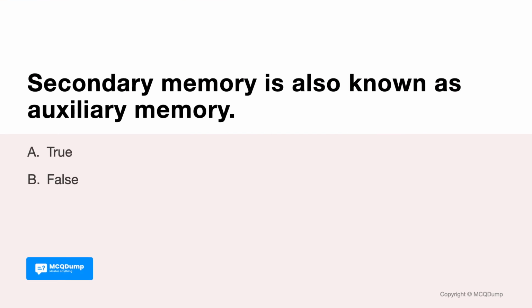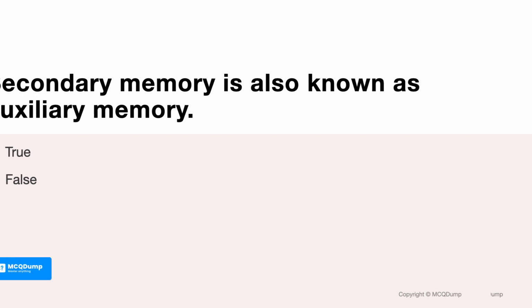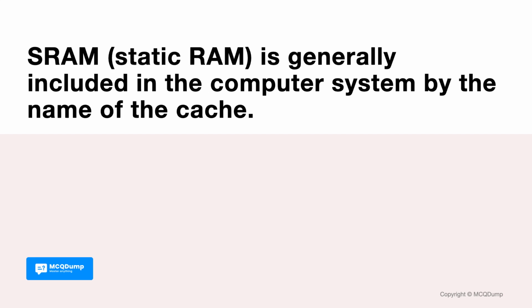Secondary memory is also known as auxiliary memory. True or false? True. Secondary memory is also known as auxiliary memory. SRAM, static RAM, is generally included in the computer system by the name of the cache. True or false?